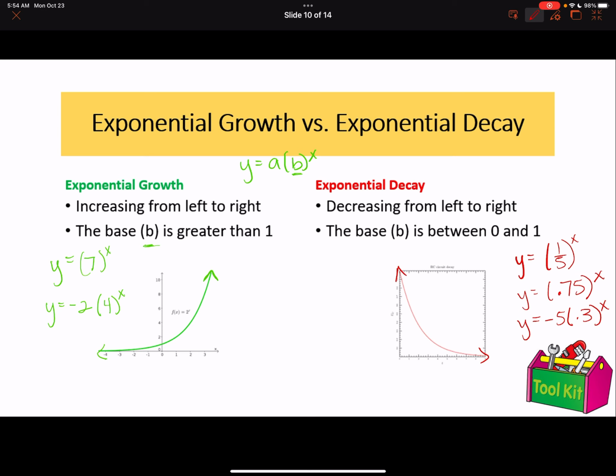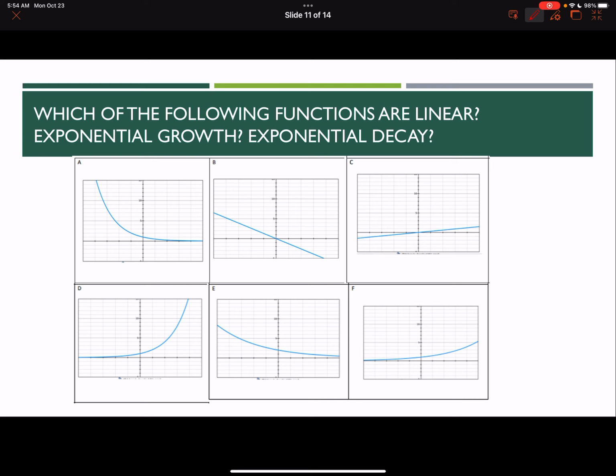Okay, so let's go back to these graphs that we started with. We said that these are linear, right? And we said the other 4 are exponential. Are they exponential growth or exponential decay? So letter A, this one's going down from left to right, right? So this is exponential decay.